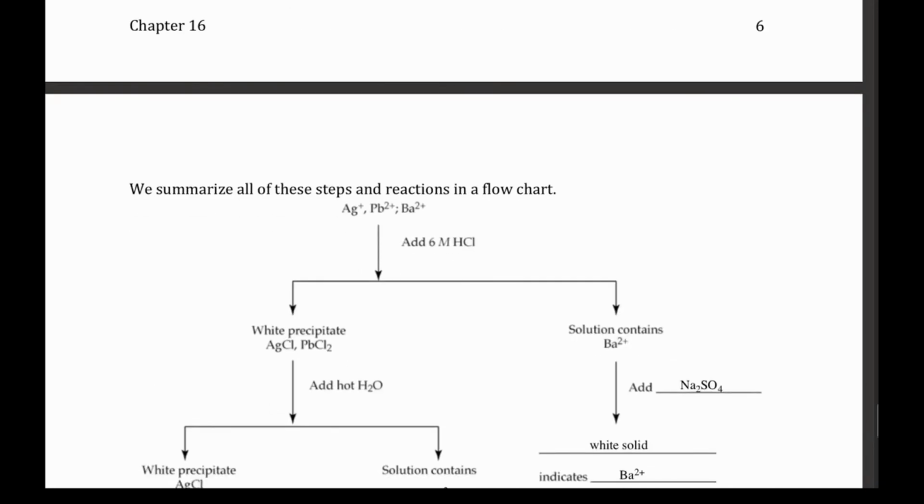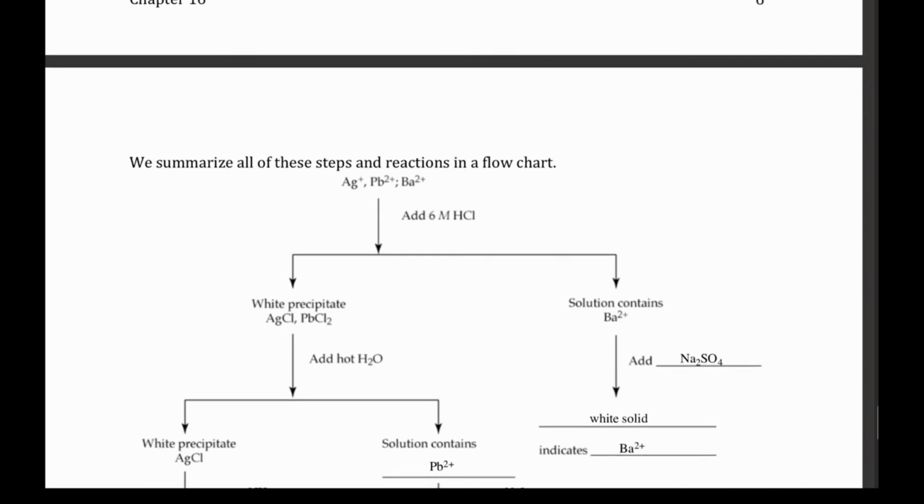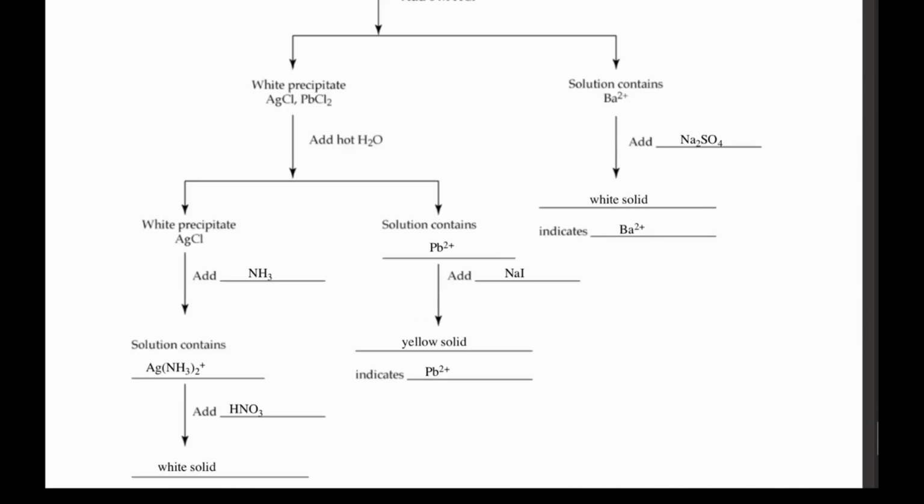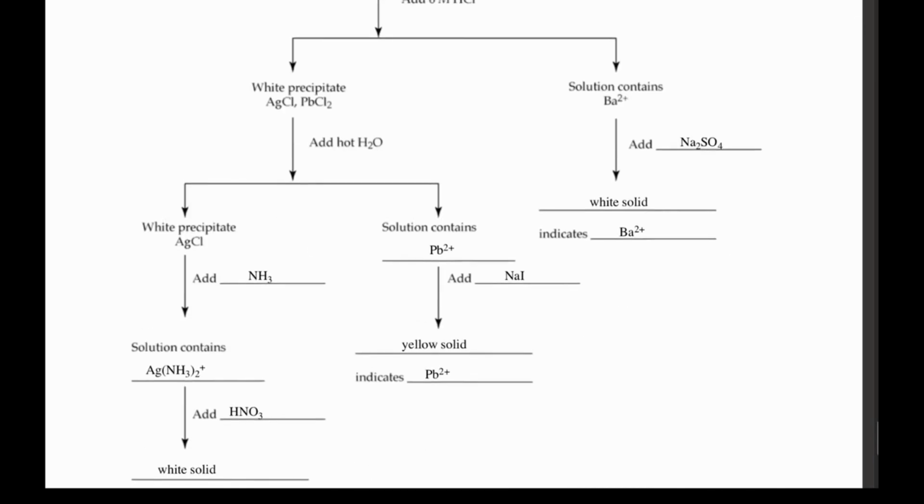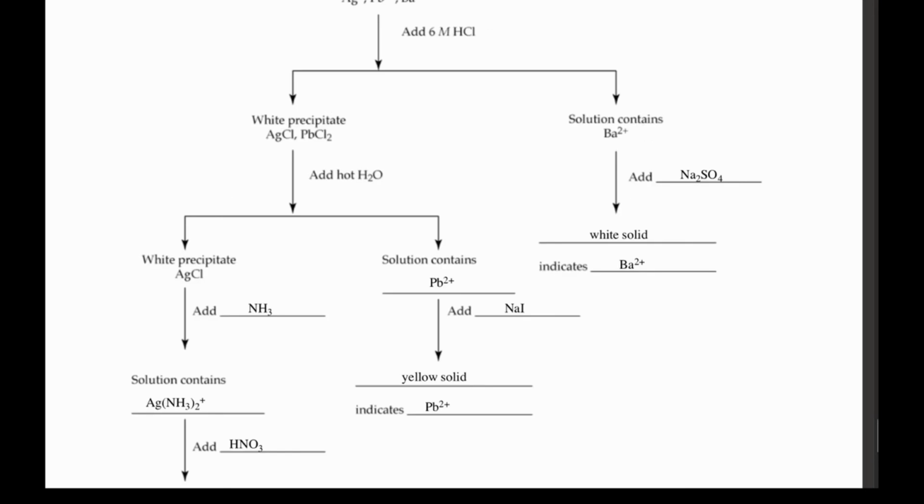Now we can summarize those in a flowchart, and that helps us to see the overall reaction better. So the way we do a flowchart is as I've shown here. We have our ions. Now remember that these are ions that could be present in the unknown solution.